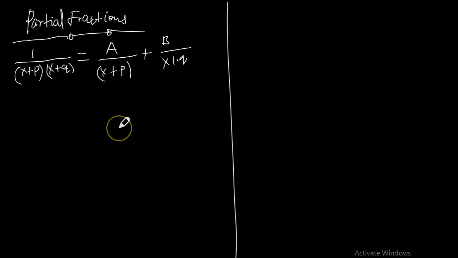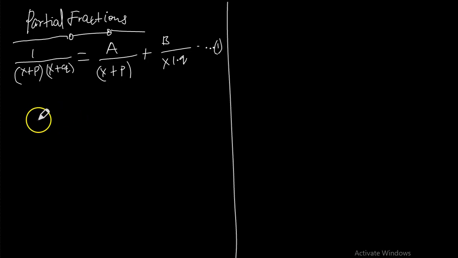We have to choose which method to use by looking at the denominator of the function and the numerator, and that will help you know the particular type to use. So this is the first type of partial fraction that we already did. Of course, we are going to do more videos on this type.